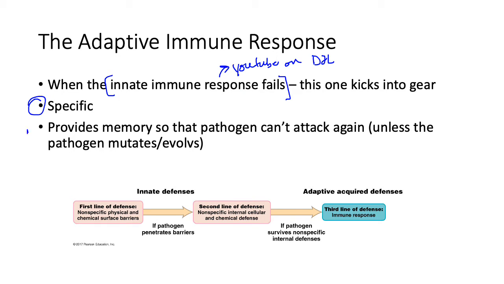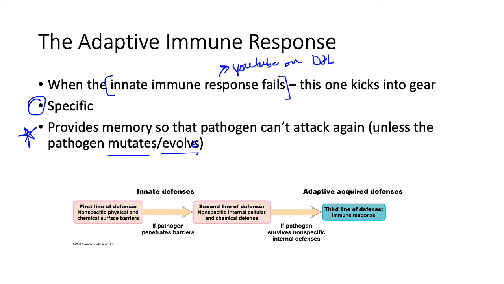And secondly, really importantly, and something that the innate immune response does not do, once the adaptive immune response is done fighting that pathogen, it also provides memory. So it prevents that pathogen from attacking again. It is possible that the pathogen can mutate or evolve. Sorry, I misspelled evolve there.